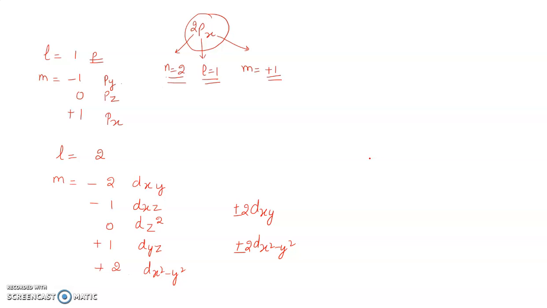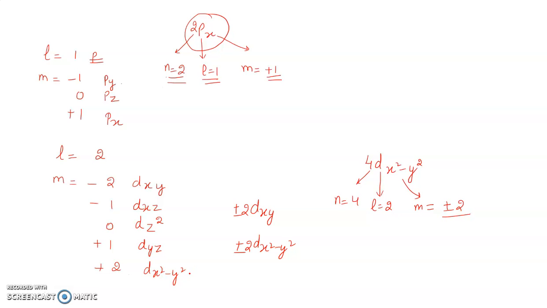So if it is given 4d x square minus y square, write the quantum numbers for this. So n is equal to 4, that is in fourth shell, and L is equal to 2, that is in d subshell, and m is equal to +-2.